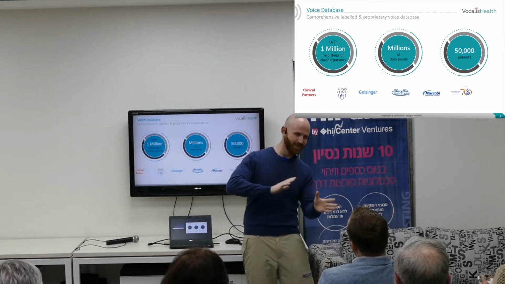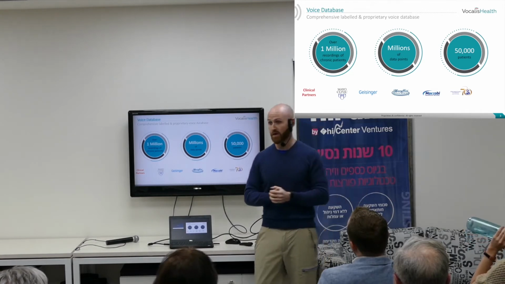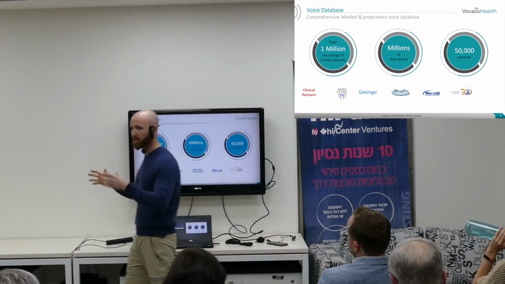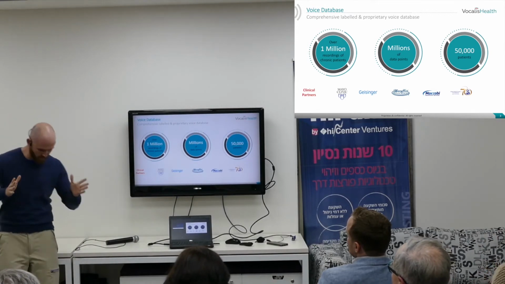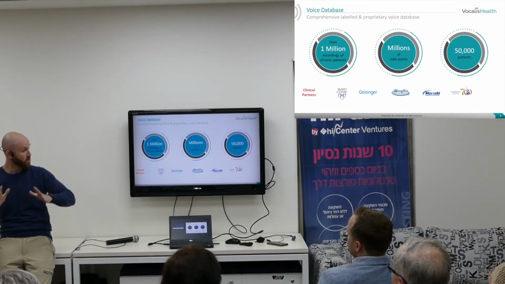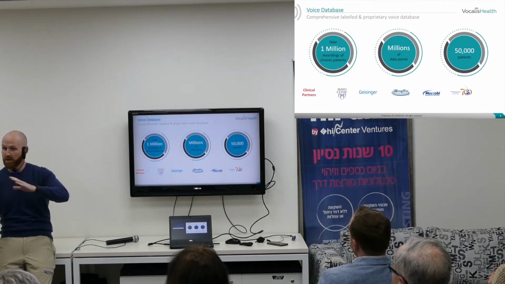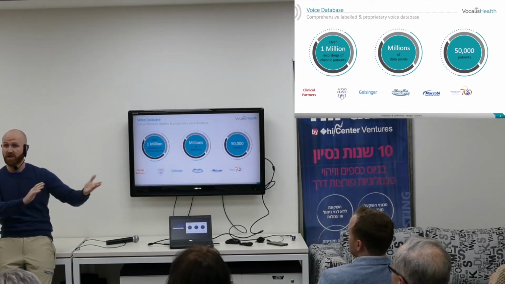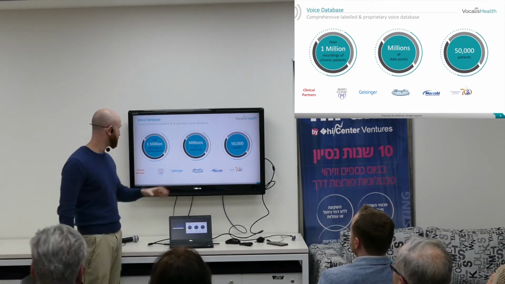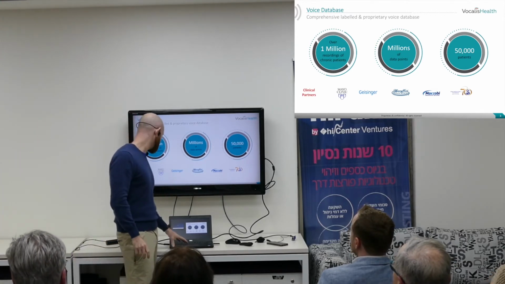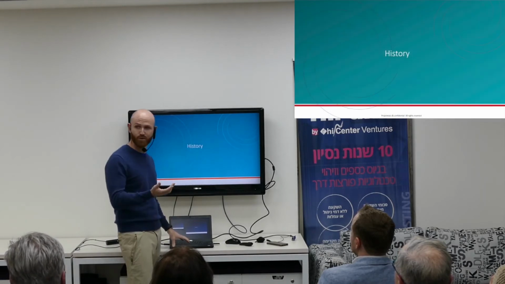So it's not, as Tal was talking about, an unsupervised problem. All that we do currently is a supervised problem, meaning all the voice recordings are labeled. Okay, so we know the status of the patient, what disease he or she has. Then we have various collaborations here in Israel and also in the US. So now I'll move to some history.